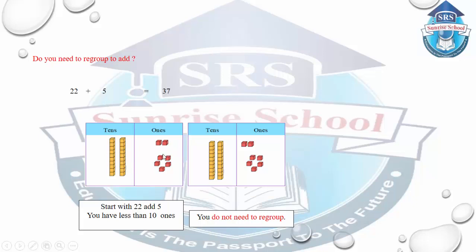Let's see, can we regroup it or not? 1, 2, 3, 4, 5, 6, 7. There is 7, not a 10. So here you don't need to regroup, okay? Because there are 2 tens, 20, and 7 ones. There are 27.